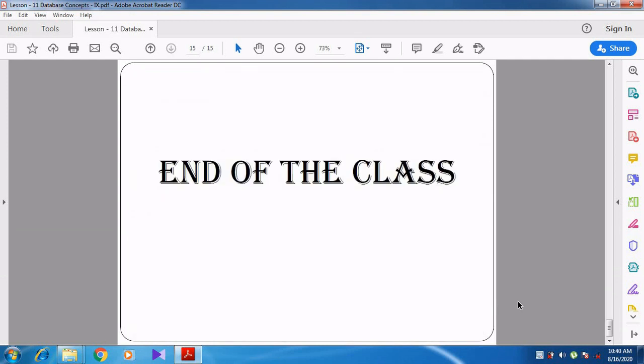So we have discussed the relational algebra operations. There are 4 operations: union, set difference, intersection and Cartesian product. Union means combine all the tuples of table A and table B, and remove the duplicates alone.